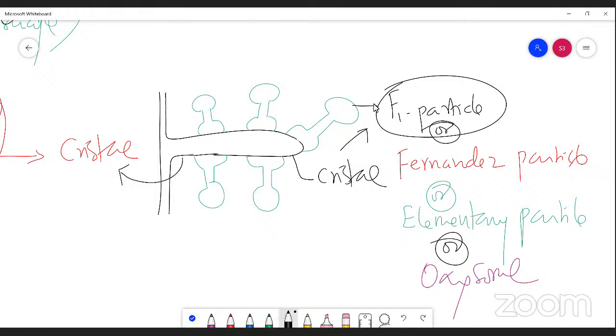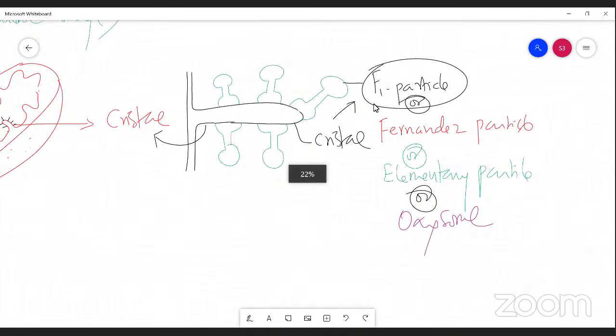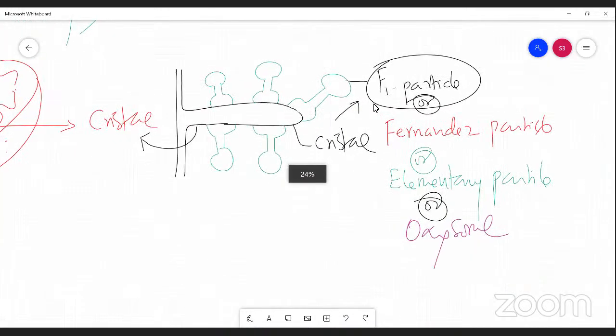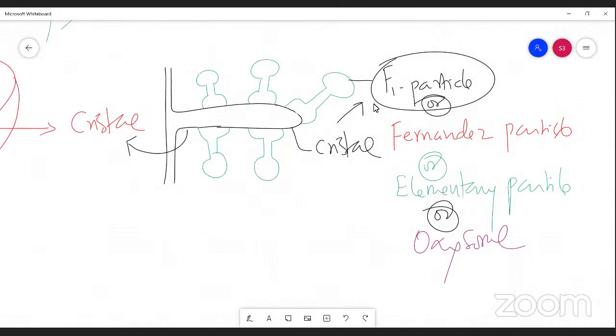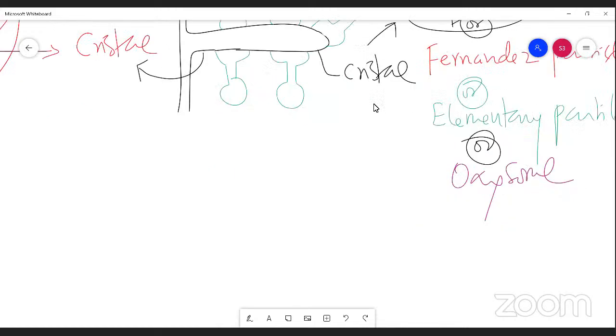So all the enzymes found in the inner membrane, I mean the F1 particle, which is derived from the inner membrane of mitochondria. The first one, I'd like to take only the F1 particle separately. Just imagine, dear student, I'm going to take this F1 particle, right?